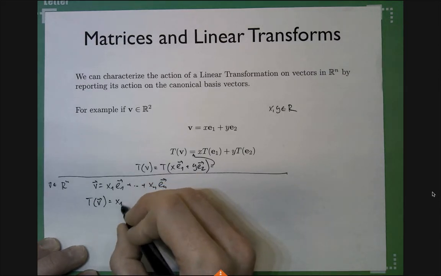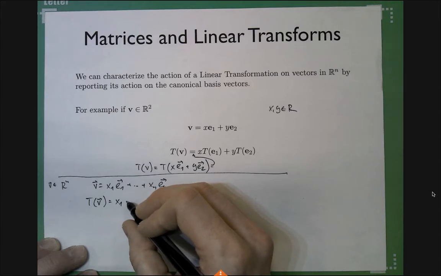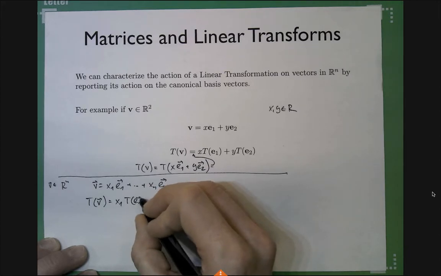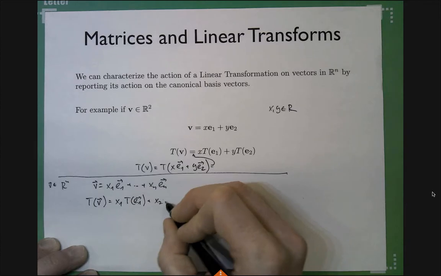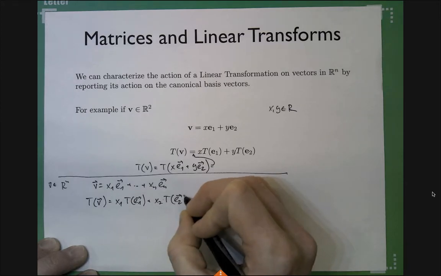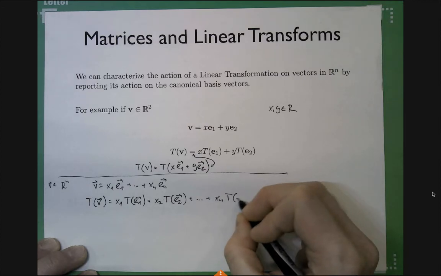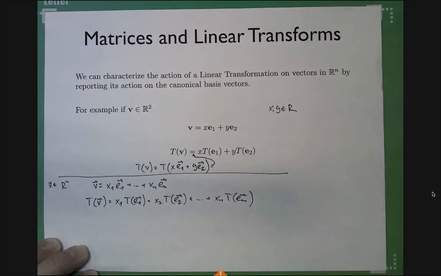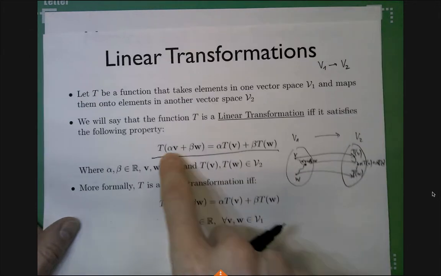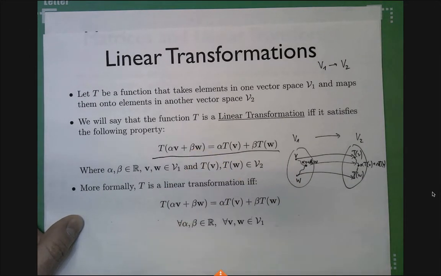And what I get is x1 T(e1) plus, let me write it down really explicitly, and so on up to xn T(en). Does it make sense? That's a direct analog of the 2D case, right? And obviously it still follows from this, because I can just do it one at a time.